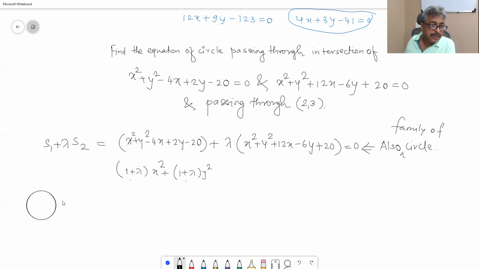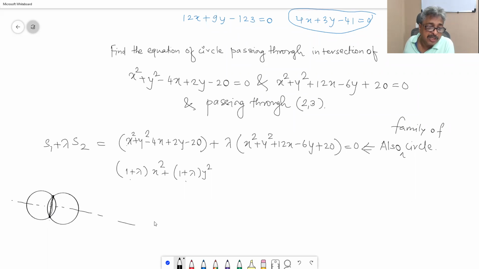It is a similar situation. You have been given two circles. Now I am drawing them intersecting, but they need not be intersecting. Then passing through these 2 points of intersection, there will be infinitely many circles. Centers will be on the perpendicular bisector of this segment. Geometrically, we understand this.